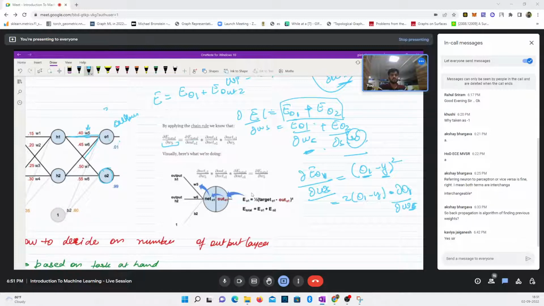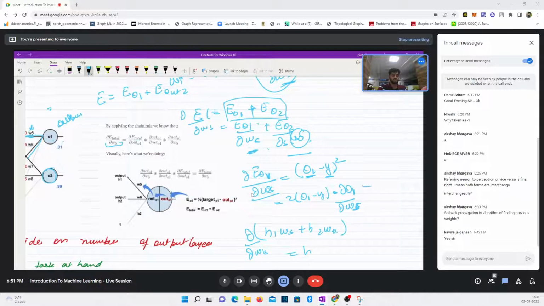Okay. Now when we try to do this, this O1 is dependent on 2 parameters. What are they? H1 W5, look carefully. This is H1 W5 plus H2 W6. Now, if you take its derivative with respect to W5, what do you get? You get H1.